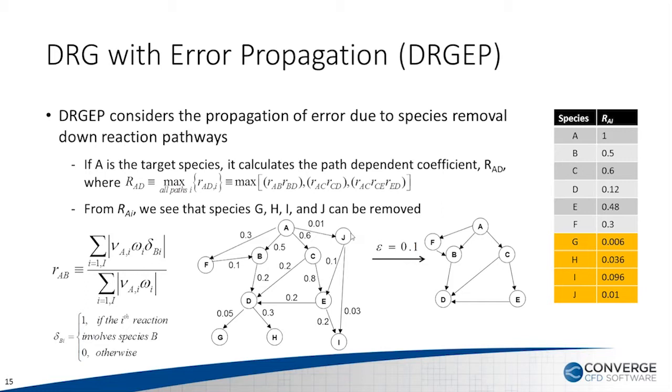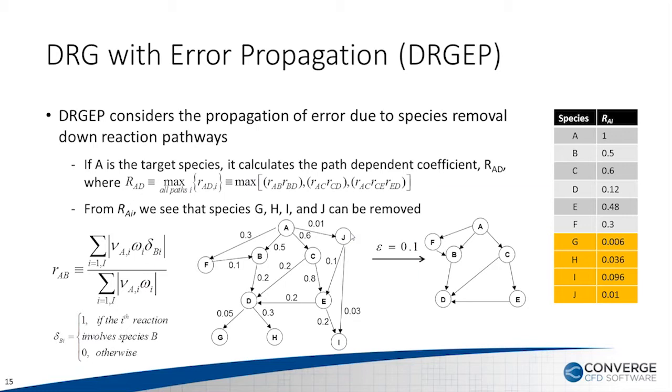How does DRGEP work? The DRGEP basically considers the propagation of error due to species removal down reaction pathways. For example, we have a species A and it's important. We want to keep it, so we list it as a target species.